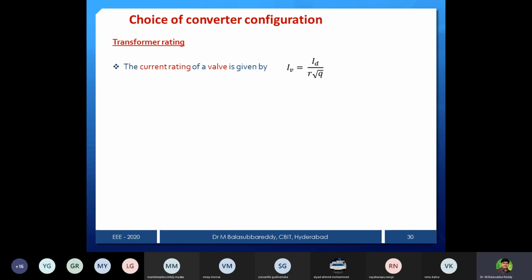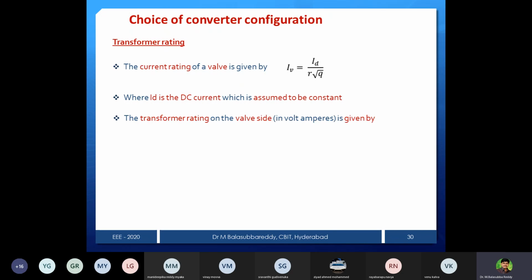And in this case, the current rating of a valve is given by ID by R into root Q. As you know, ID is the load current, R is connected in parallel, and Q is the number of valves connected in the parallel stream. ID is the DC current, which is assumed to be constant.